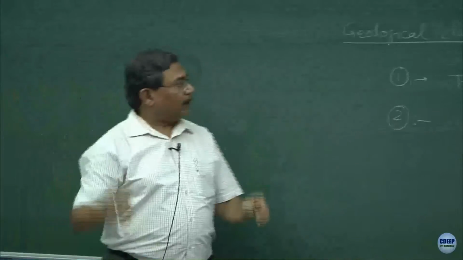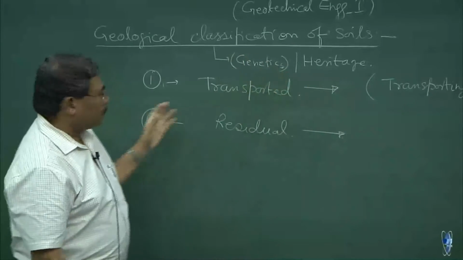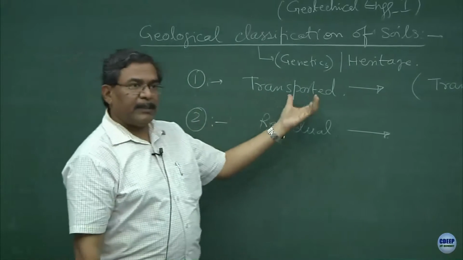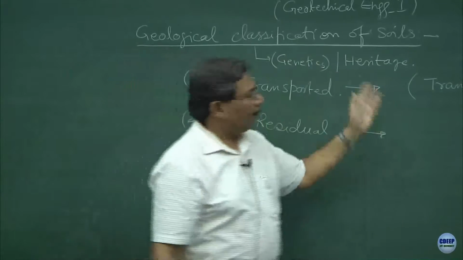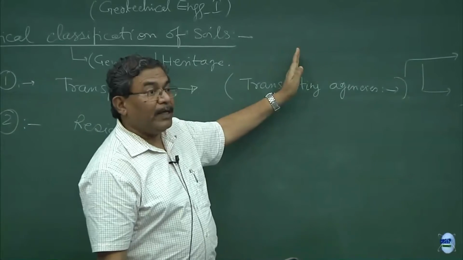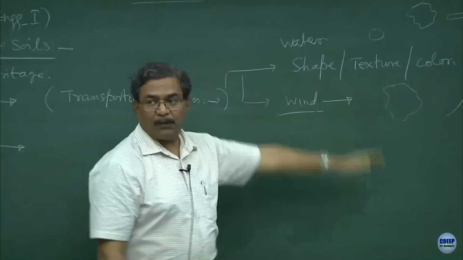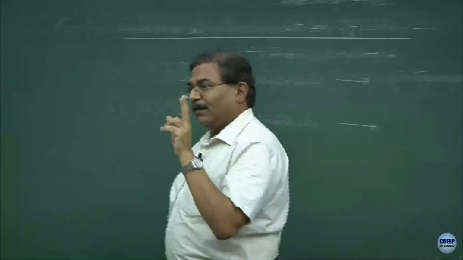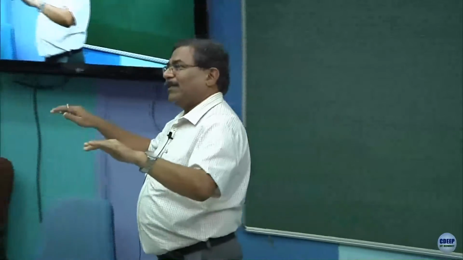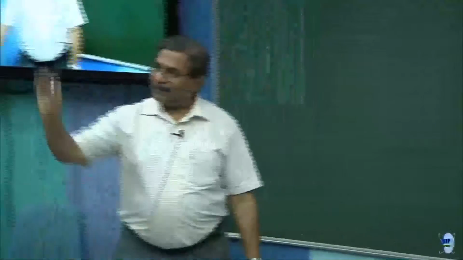So, again I will repeat, geological classification of soils is like soils get formed because of weathering, and then a transportation agency comes in the picture, it transports the material from its original place or the formation place to the another formation, which is deposition. I am using the word formation two times. One is a process formation, another one is a deposition of, and the formation which is because of the deposition. Is this okay? Fine.